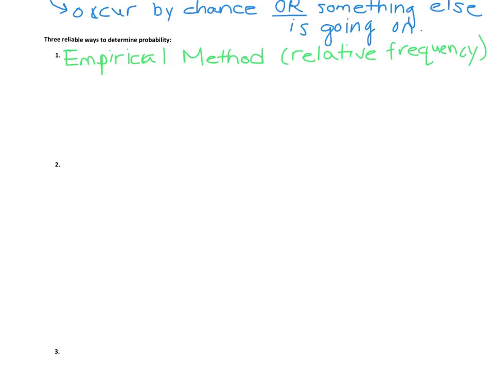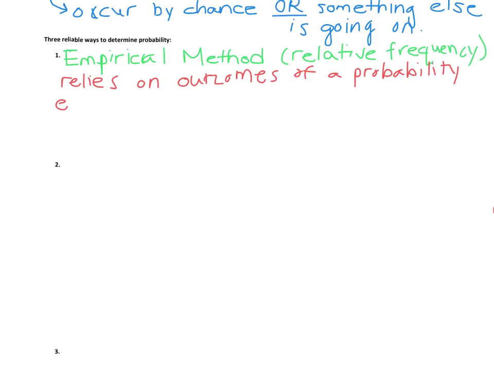It relies on outcomes of a probability experiment. Again, the probabilities are really just the relative frequencies of an outcome or event.